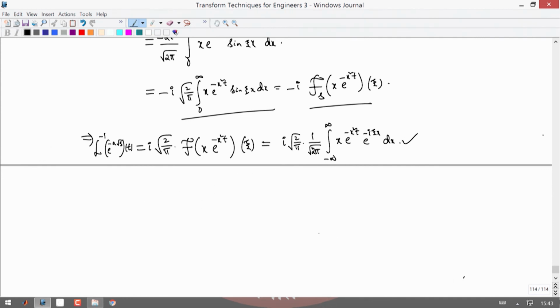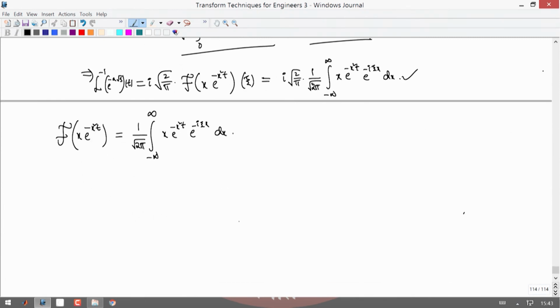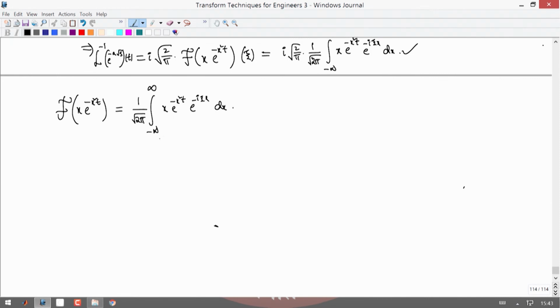So, let us look at the Fourier transform of x into e power minus x square t, which is 1 by root 2 pi times integral minus infinity to infinity x into e power minus x square t e power minus I xi x dx. This is straightforward, directly we can evaluate by rewriting.